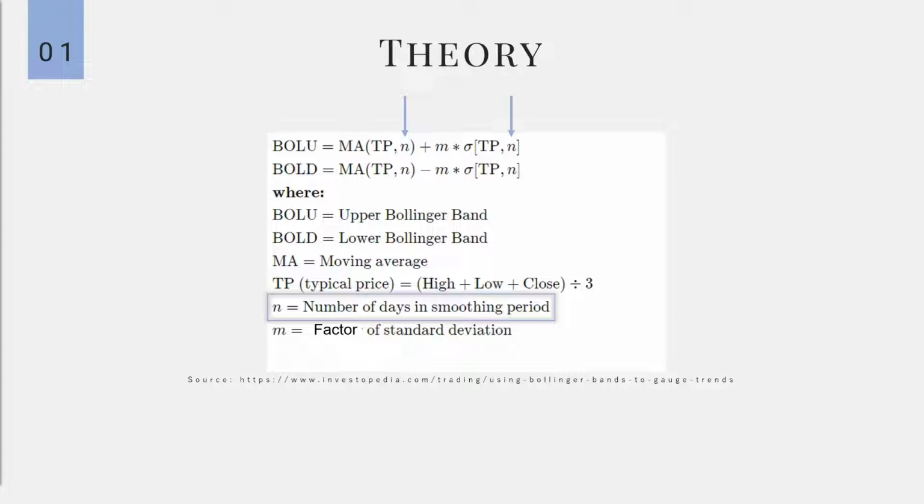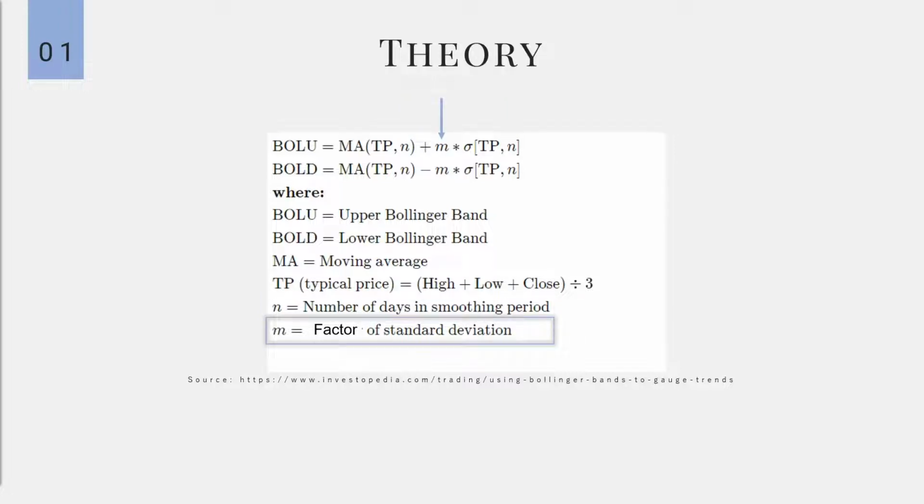We will take a look at the simple Bollinger Band strategy, and the standard here is to take 20 as the value. So for the moving average, you take the last 20 days, and the same for the standard deviation.